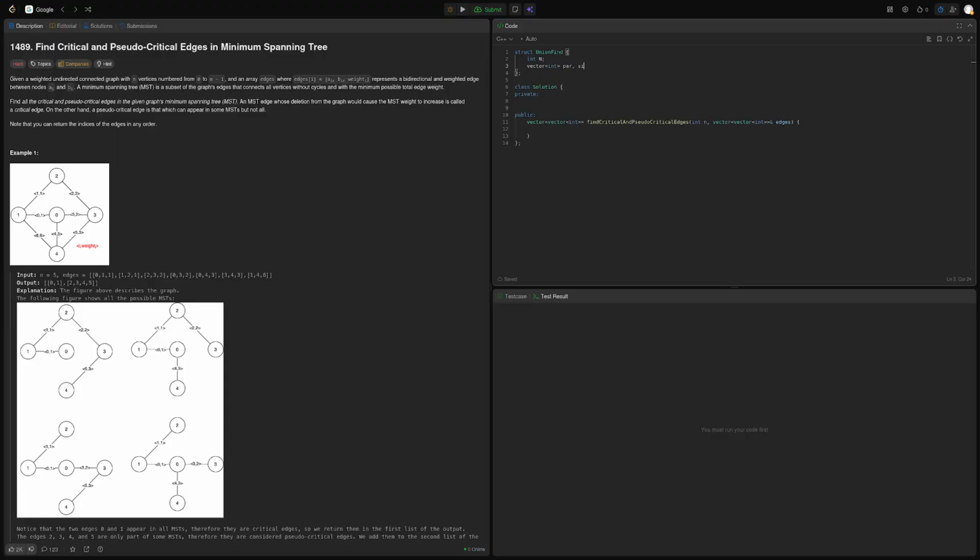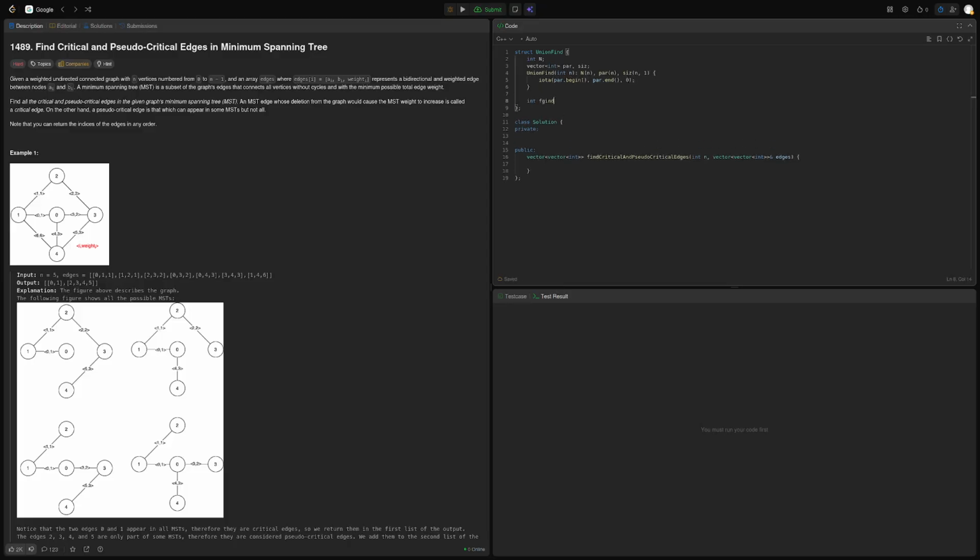Parents and sizes. Like that, and then these sizes should be 1, and then parents we initialize with iota.